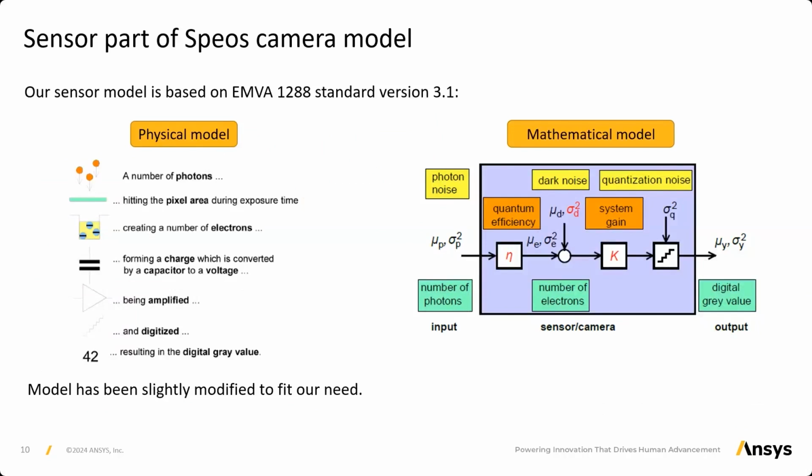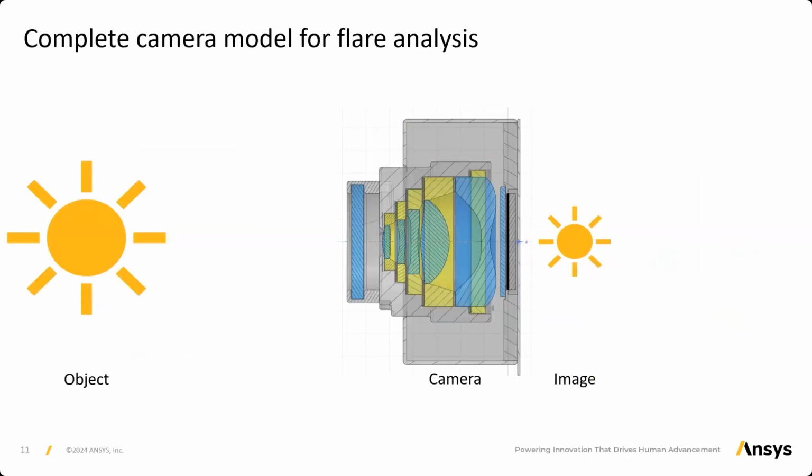So we use basically the mathematical model to get the physical parameters of the system.